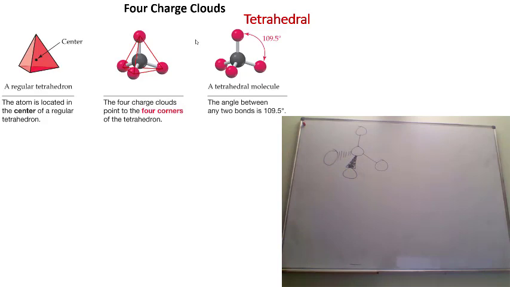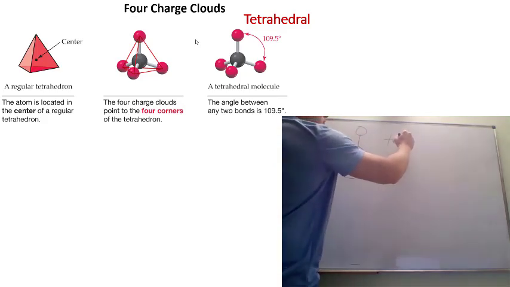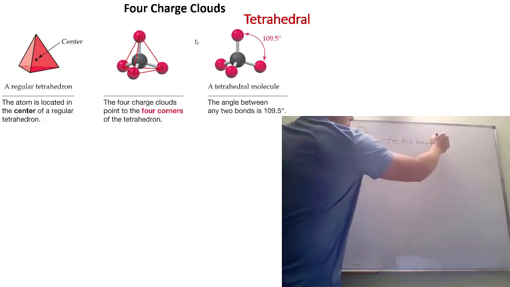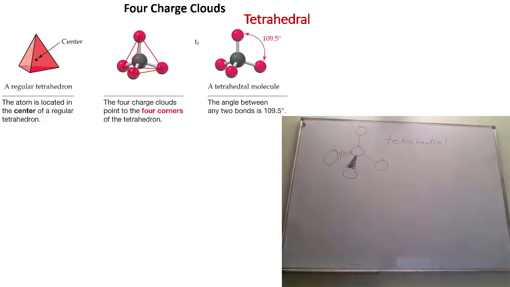Okay, so we have four individual charged clouds here. Again, when we get into class, you're actually going to be able to manipulate some models to see more clearly what this looks like. So we have two different bonds in the plane of the board, one bond coming out, one bond going in. And again, this is a tetrahedral shape. So tetrahedral parent geometry.